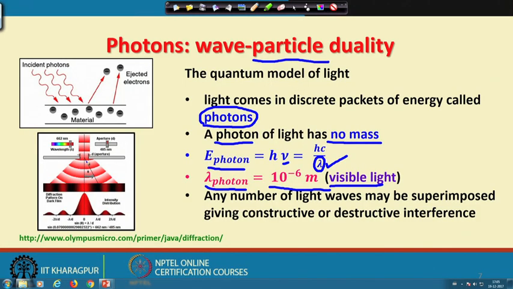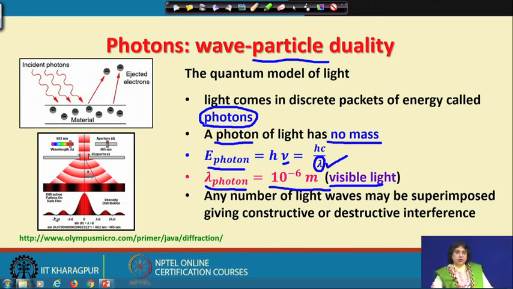That is because if you allow the light to go through some kind of slit, as you may have performed some slit experiments, you see that there are certain diffraction patterns formed which are typical of the wave behavior, and simply because any number of waves can be superimposed to give you either constructive or destructive interference, you see that light passing through this aperture gives you an intensity, the diffraction pattern which has varying intensity, as has been recorded in this picture.